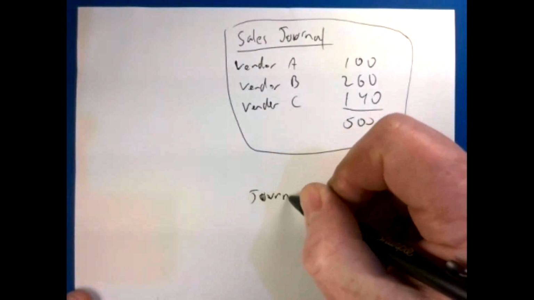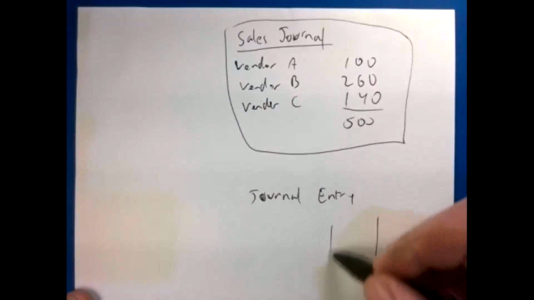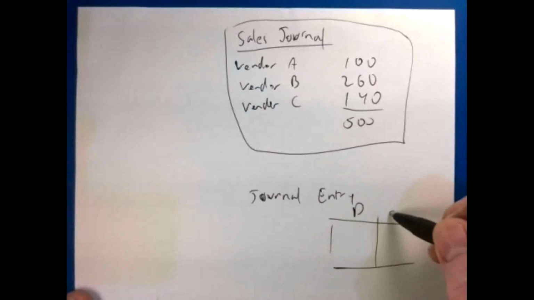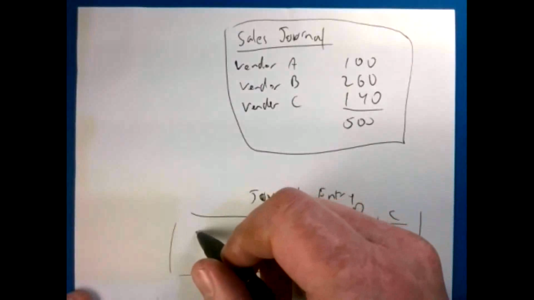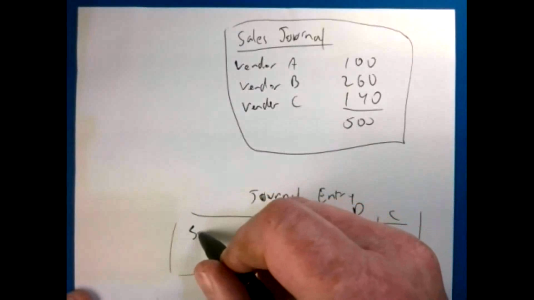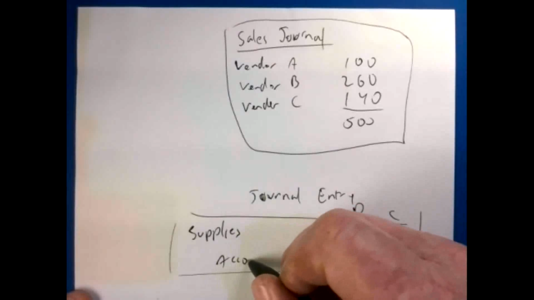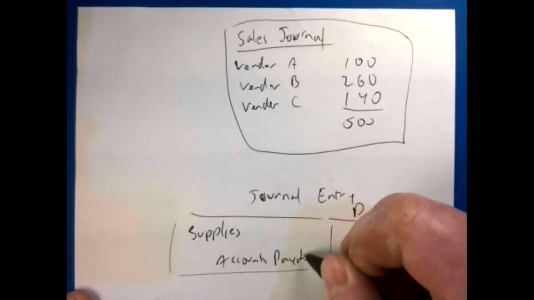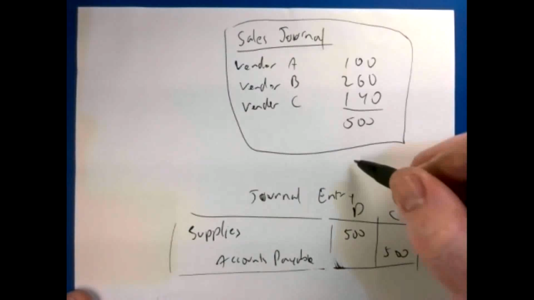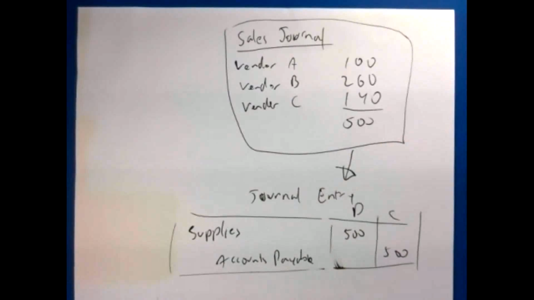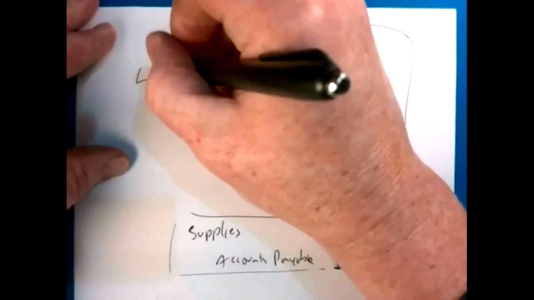In the background, the sales journal will make a journal entry for these items. So it'll look like this. We had supplies, I think we had. So these are known as special journals.